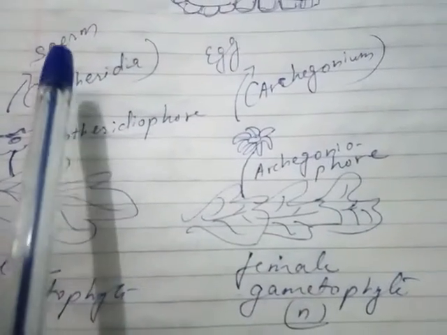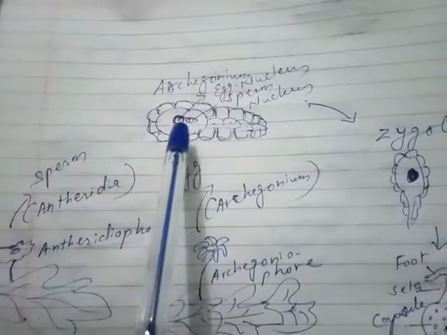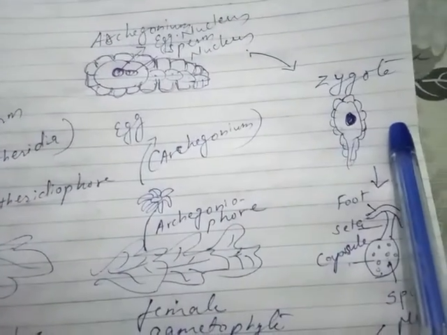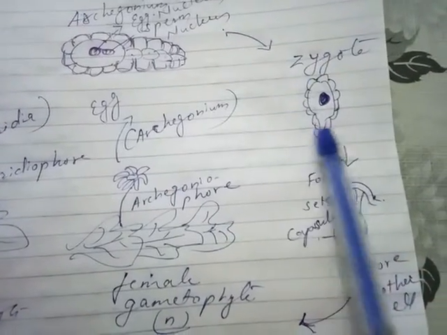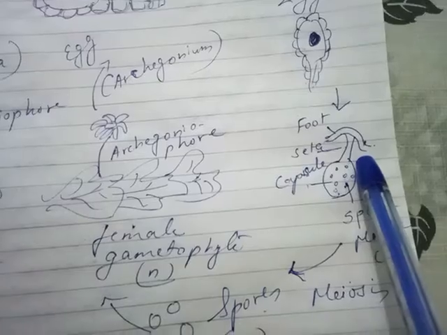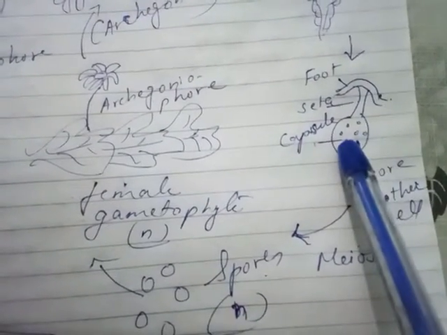From antheridia develop sperm, from archegonium develops egg. So sperm and egg fuse together giving rise to a zygote. The zygote, which is diploid, will give rise to a sporophyte which will have foot, seta and capsule.